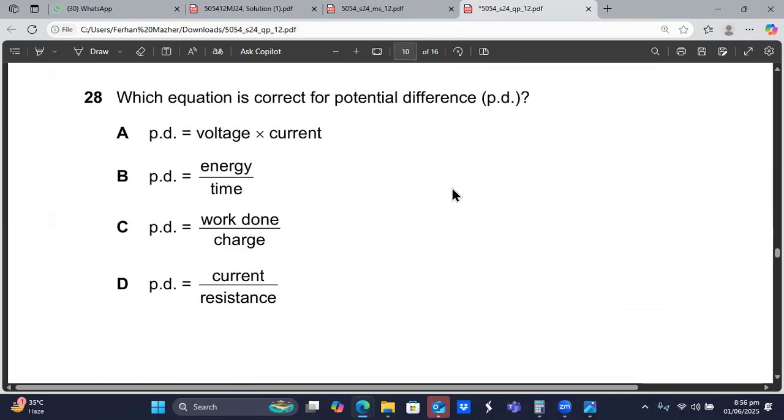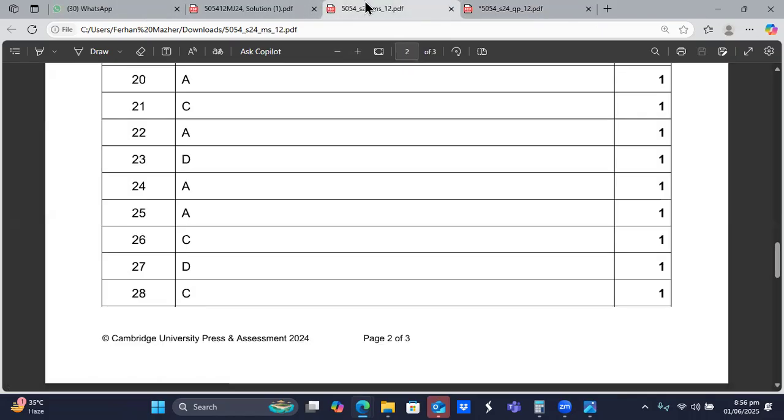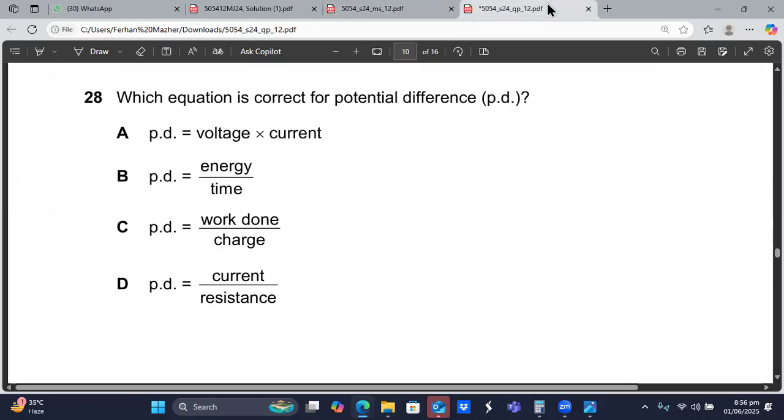So the potential difference is equal to energy carried by the charge. Energy divided by charge. It's the basic definition of the potential difference. So it is basically energy divided by charge, or you can say work done divided by charge. So I think question number 28, C is the option, sir.